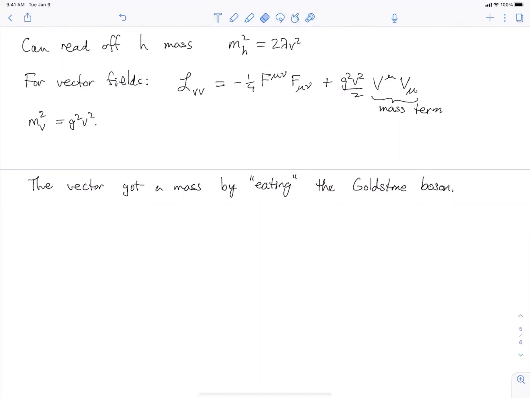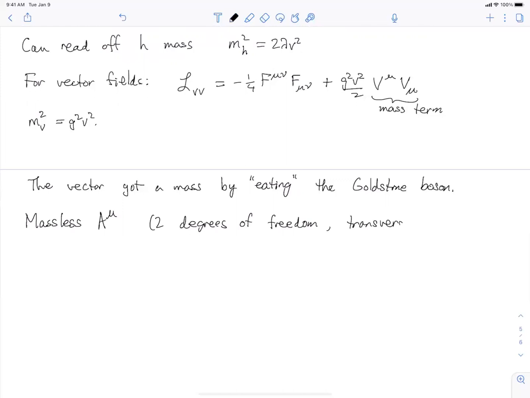And so your massless, or your would-be massless A_mu, which had 2 degrees of freedom, because massless gauge particles, massless vector particles, have only transverse degrees of freedom.